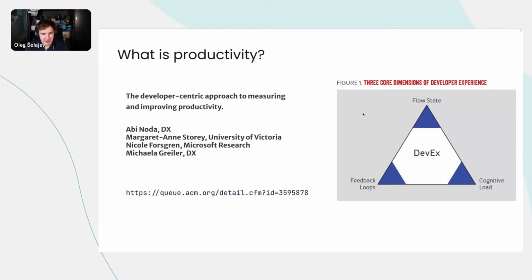There are feedback loops, where you need to get the results and understand whether you are doing the right thing or whether you're doing the thing correctly. The faster, the better. Slow feedback loops make unproductive environments. Then there's cognitive load, which is how much you need to keep in your head when you are actually making changes to your applications.